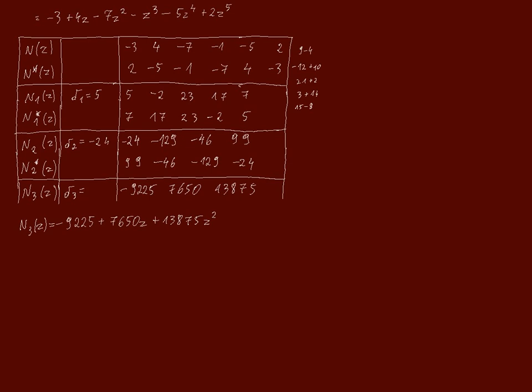We can scale this polynomial without affecting the obtained conclusions. But, of course, you cannot change the sign, because these conclusions depend on it. So I can create another polynomial that will be 75 times smaller than n3 of z.